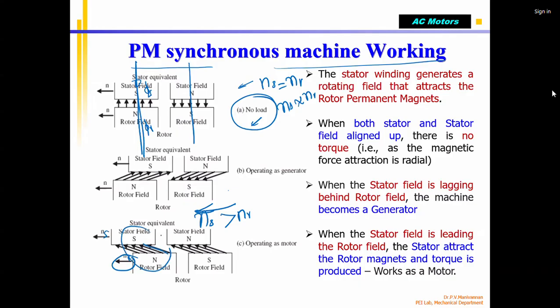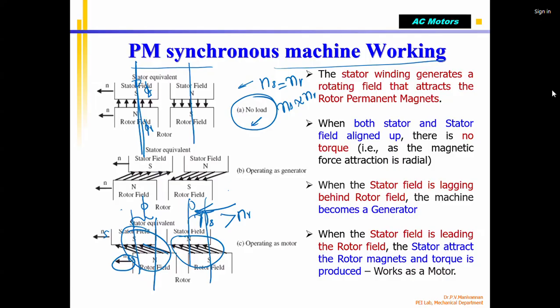This is magnetic locking. Correct? Magnet is locked. I am talking with the arrows. The rotor is trying to catch the stator, but still it is lagging. This is axis, this is axis. There is a phase angle. Correct? The small phase angle is there between these two. Correct? So in that case, we say that the PMSM machine is working as a motor.